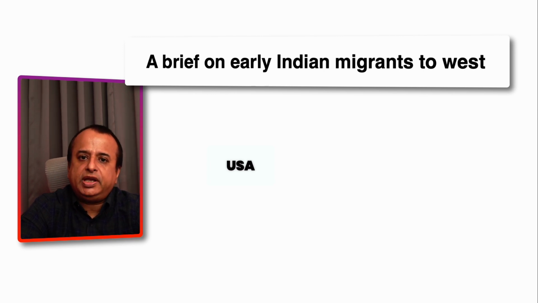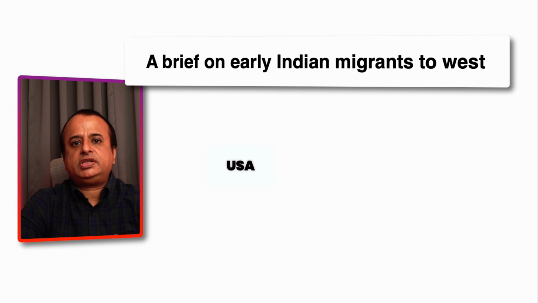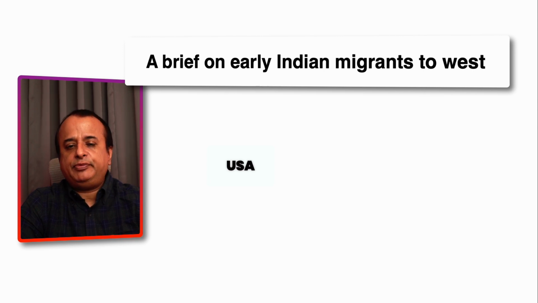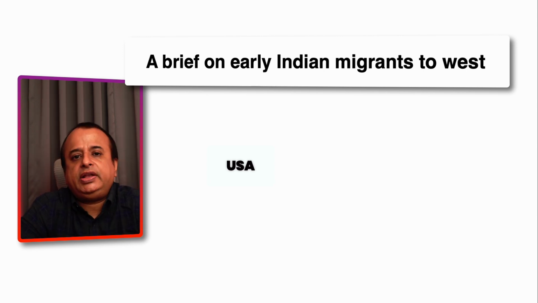The economy was booming, and they had a lot of jobs to which these Indian students could be employed after graduation. These early migrants worked hard, grew up the ranks, and became successful citizens. A lot of them headed big companies, and they brought a lot of goodwill for Indians there. So much so that the ethnic Indian group became the richest group in terms of economic wealth in America. Everything was not hunky-dory for Indians in the West.